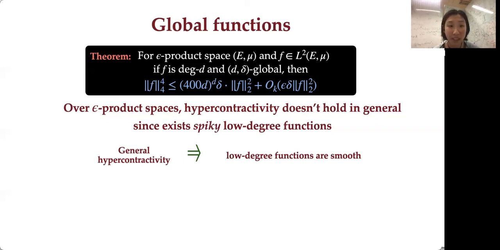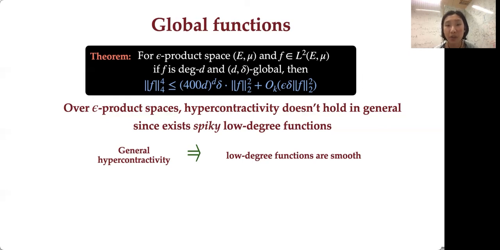However, when we relax the condition to epsilon product space, we end up getting very small sets, even though we're still considering the indicator function of some large subcube. This large subcube could have very small probability mass in this epsilon product space, and therefore the resulting function will be very spiky.